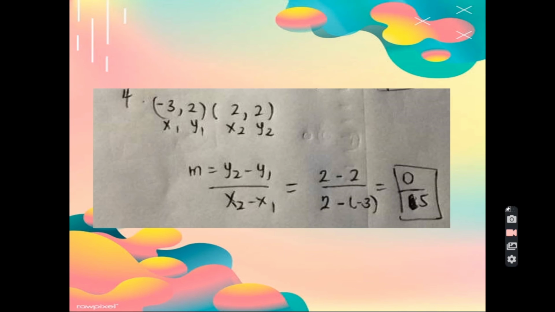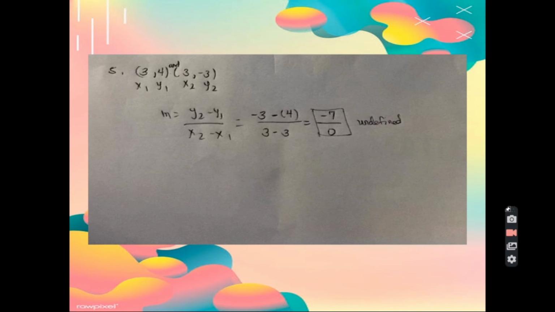Next, last number 5. So 3, 4, and 3, negative 3. So our X sub 1 is 3, Y sub 1 is 4, X sub 2 is 3, Y sub 2 is negative 3. Then, apply the formula: Y sub 2 minus Y sub 1 divided by X sub 2 minus X sub 1. Y sub 2 is negative 3 minus Y sub 1, which is positive 4.